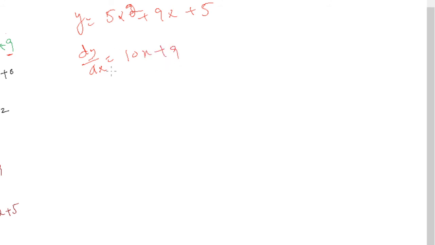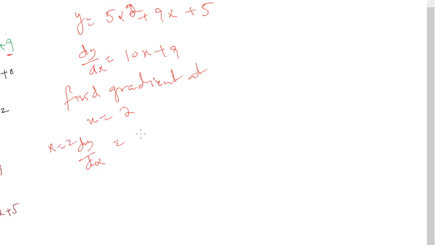Now if I'm finding the gradient at x equals 2, dy/dx is equal to, see, x value is 2, so 10 into 2 plus 9, which is 29. That is the value for the gradient.